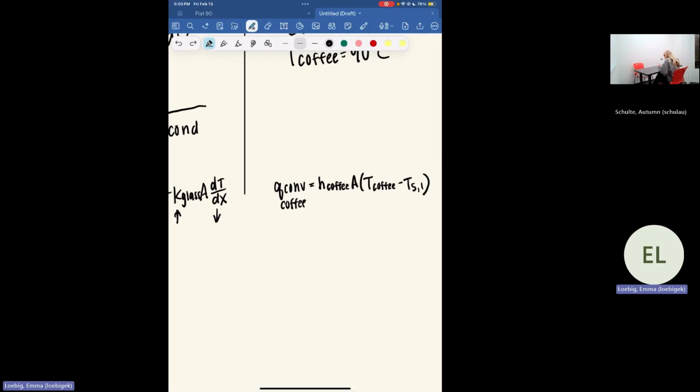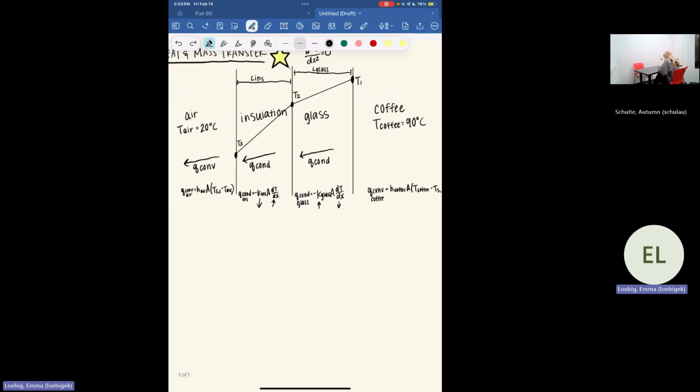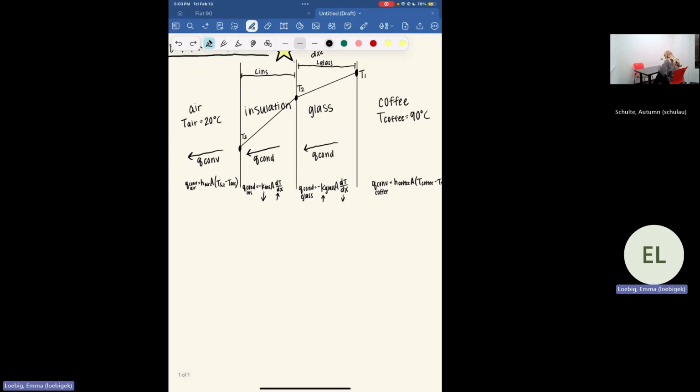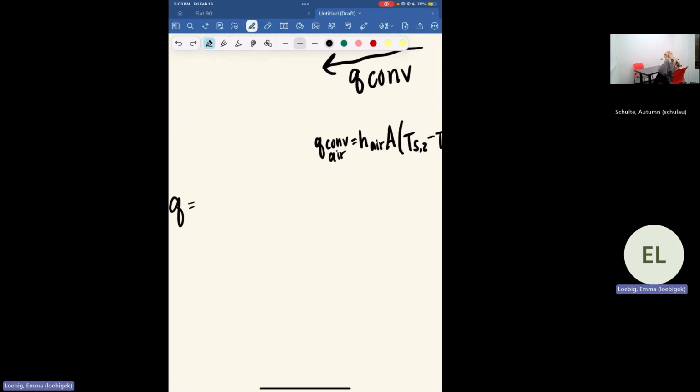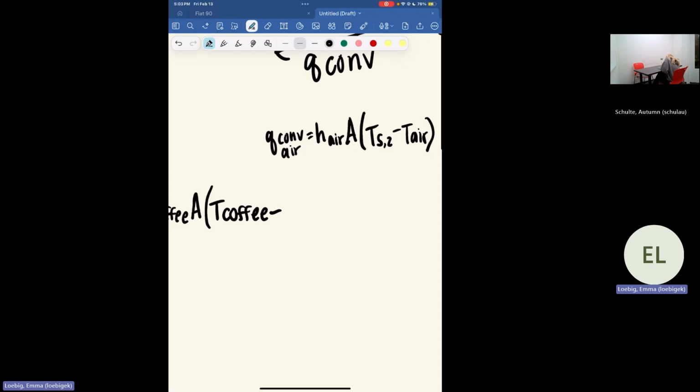So writing this out first, Q is equal to the heat loss via convection of the coffee. That's going to be our heat transfer coefficient of coffee multiplied by the area, multiplied by the temperature of the coffee, minus the temperature at that surface.